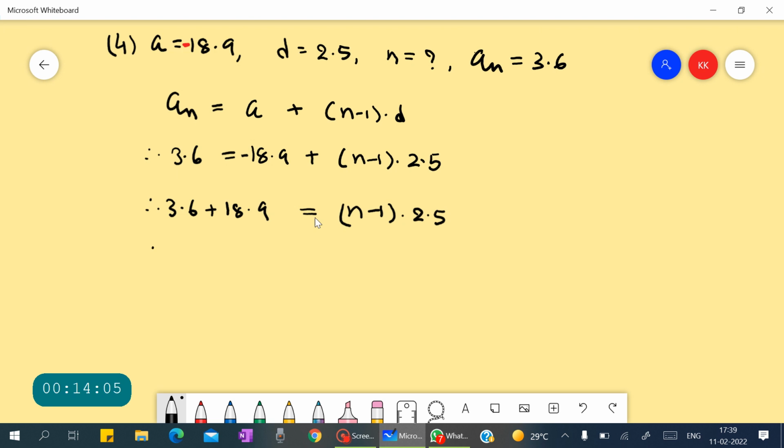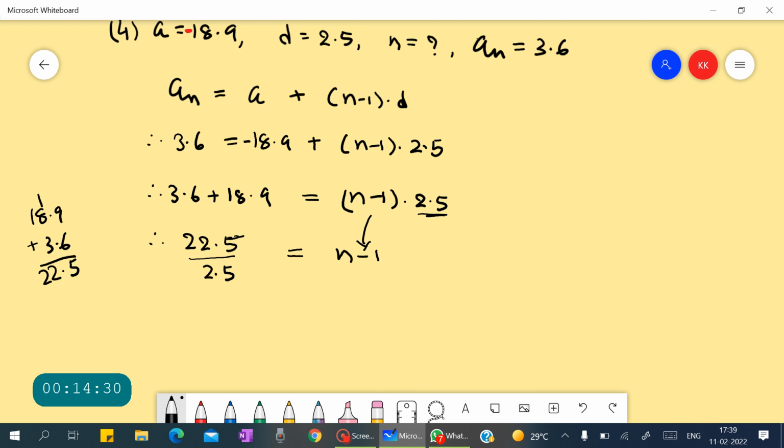Now 18.9 plus 3.6. You can do it in rough work very quickly. It is 22.5. Now I am shifting this 2.5 to the left hand side, so it would be division. Correct? Now what is left on the right hand side? This is n minus 1. Now 22.5 divided by 2.5.